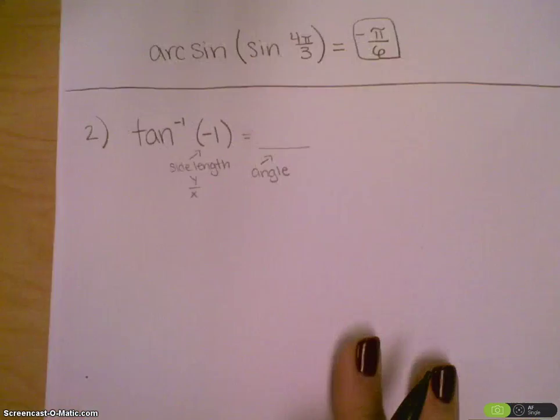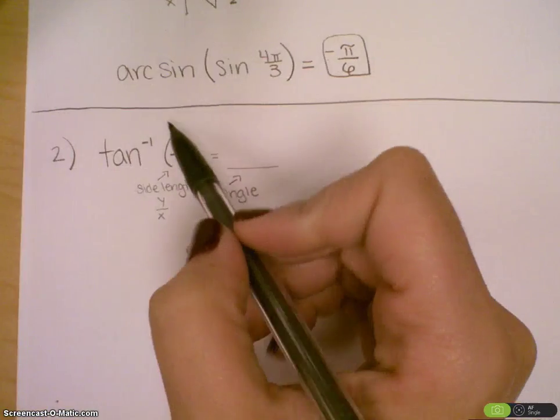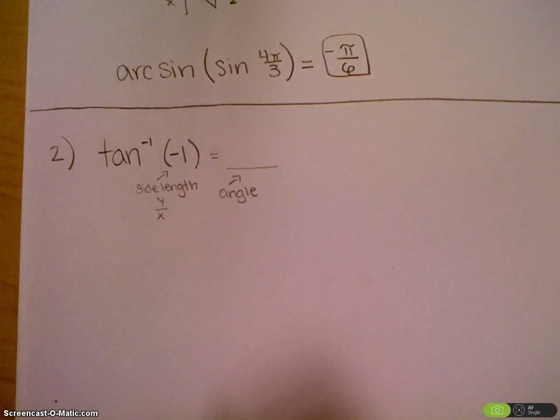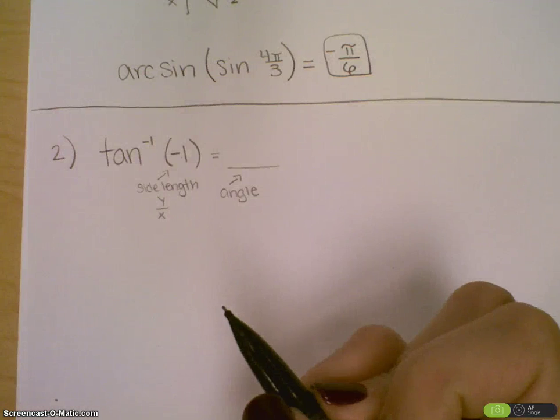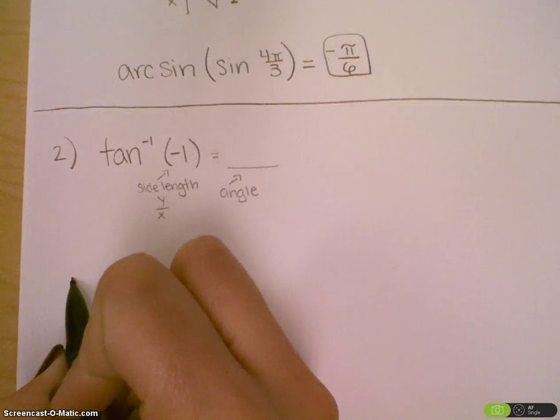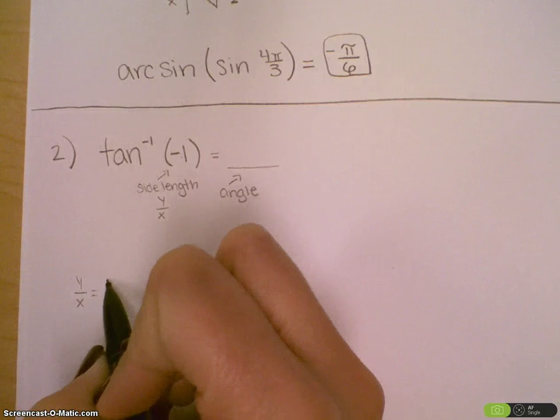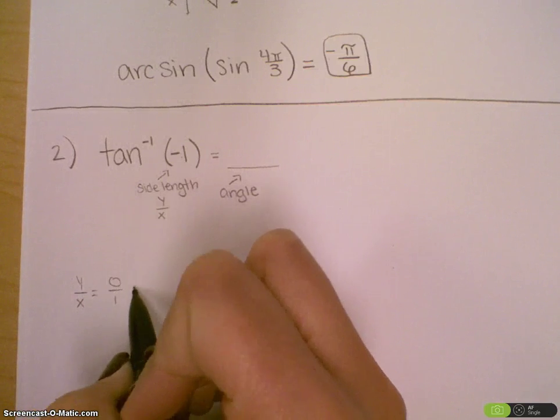In order to know what angle will give us a negative 1, sometimes it takes some guessing and checking, or if you know what will give you negative 1, it's a lot faster. A natural guess that students make is y divided by x, so they go to 0 divided by 1.